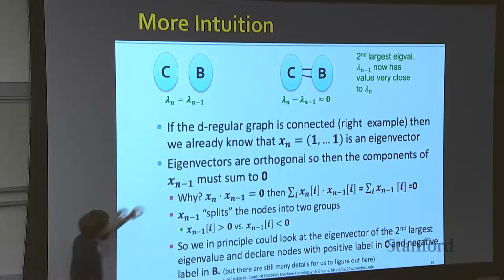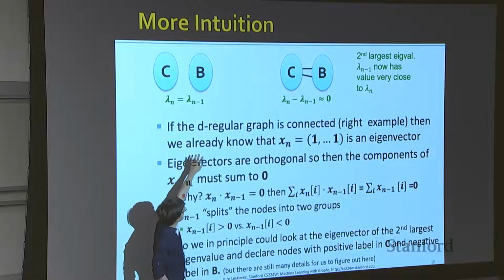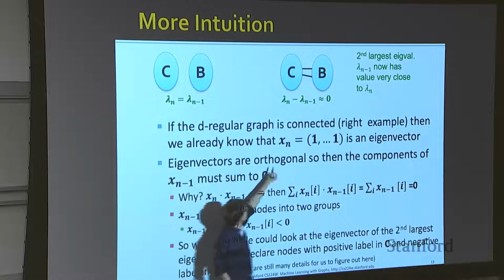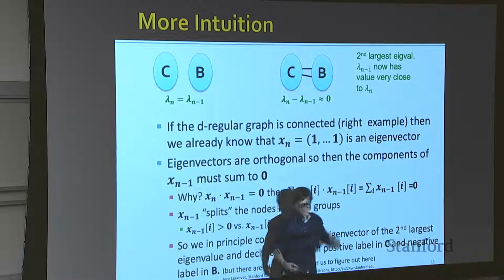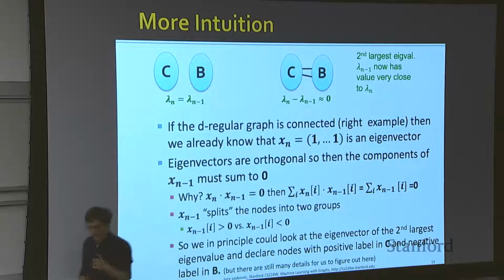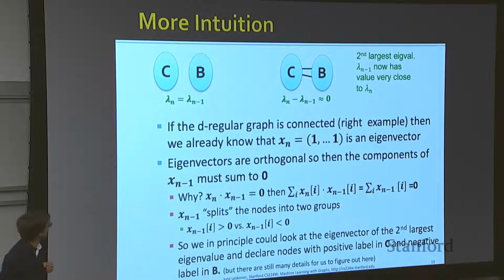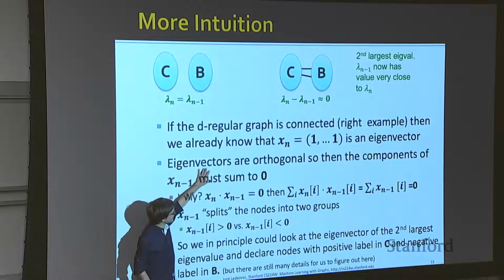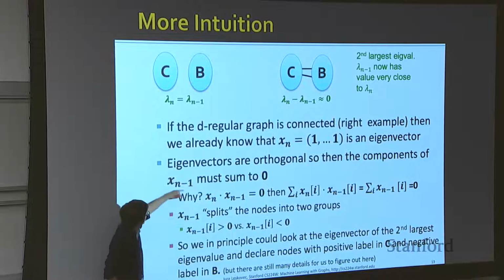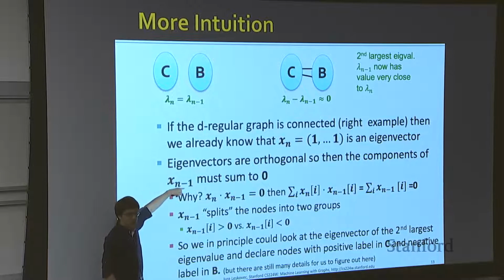So what we already know is that if a D-regular graph is connected, then the vector of all ones is the eigenvector corresponding to the largest eigenvalue. Because eigenvectors are orthogonal, this means that the second eigenvector must be orthogonal to the first one.